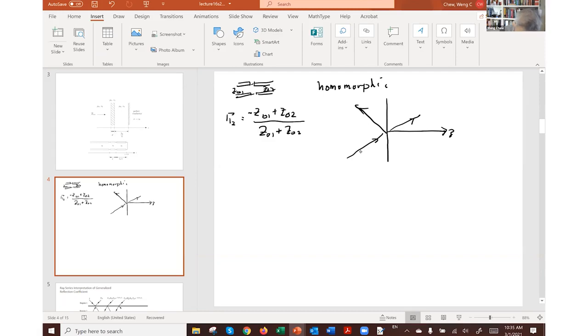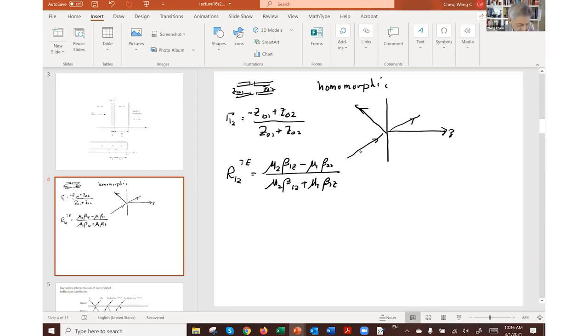Hence, you can also write down a reflection coefficient. For instance, for the TE case, the reflection coefficient is (mu 2 beta 1z minus mu 1 beta 2z) over (mu 2 beta 1z plus mu 1 beta 2z).